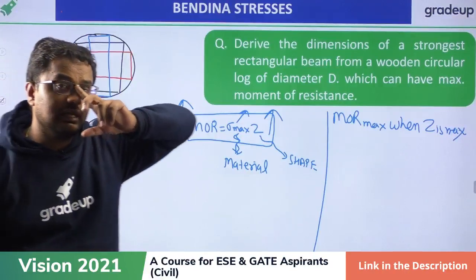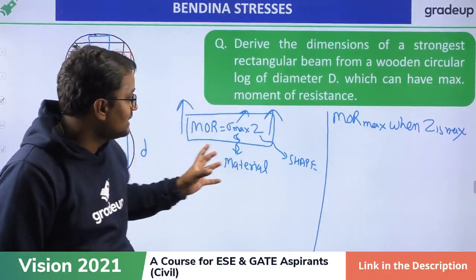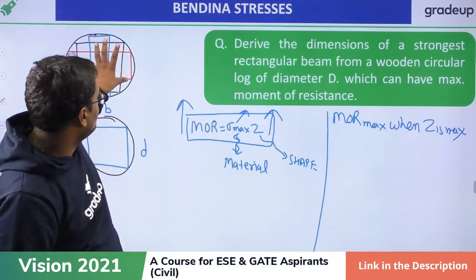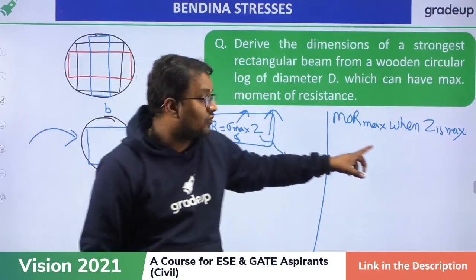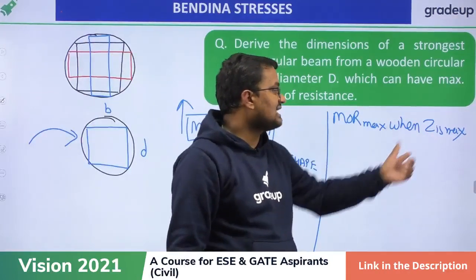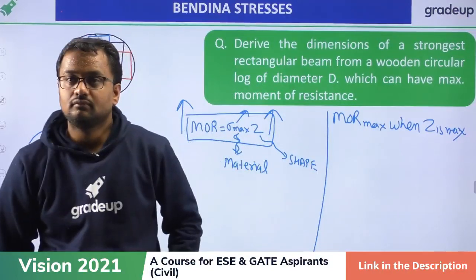Therefore sigma max of wood will be constant. So for that rectangle will be having maximum moment of resistance, for which Z will be maximum. Sigma max is same. Okay, very good, Nitin.